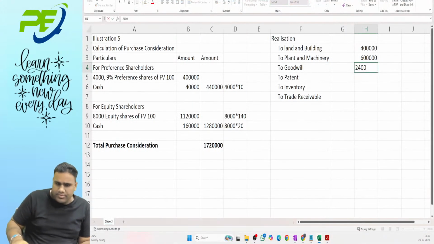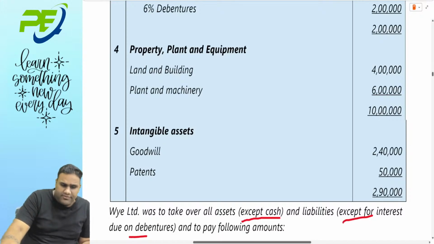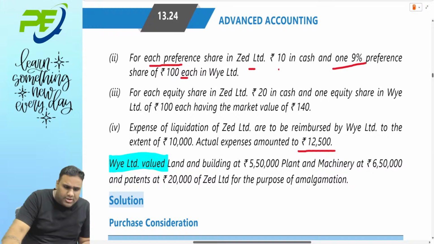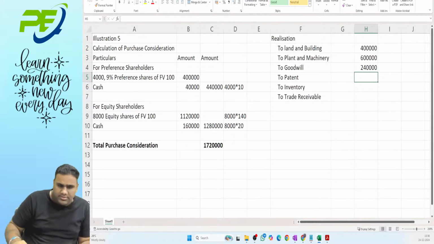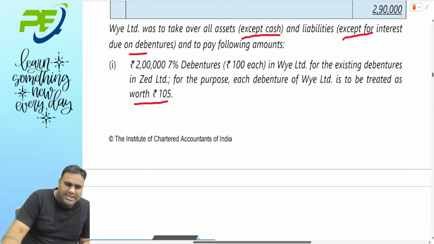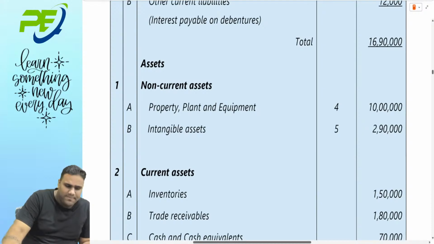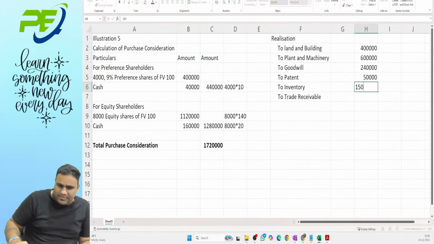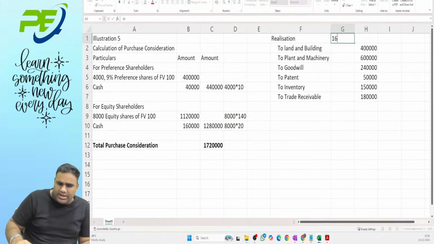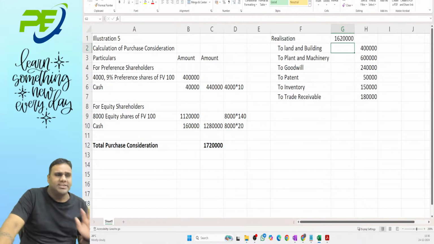Goodwill 240 and patent, 50,000 you cannot; patent is recorded at 20,000. Sorry, you are all alert. So patent done. Then next inventory 1.5 lakh and trade receivable 180. Total of all the credits 16 lakh 20,000. First entry over.